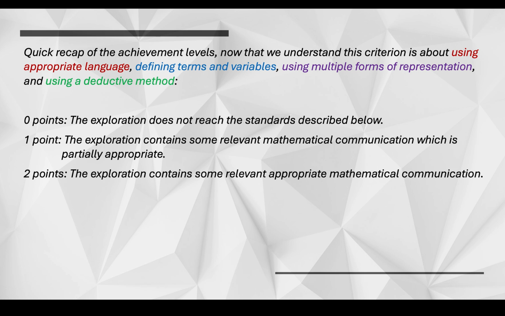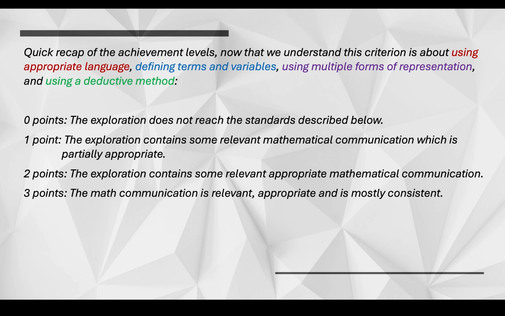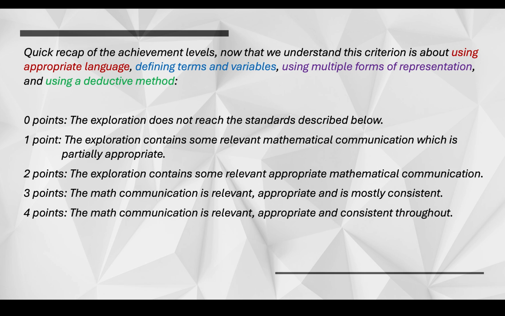For 3 points, you've got relevant, appropriate work, and it's mostly consistent. There are only a few places where things are a little off. And for 4 points, that mathematical communication is relevant and appropriate, and it's consistent throughout the exploration.